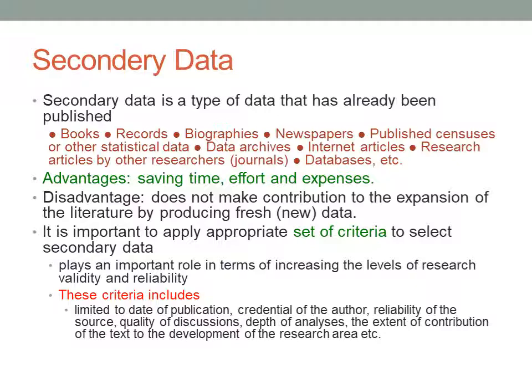Everything has to be checked. Also you have to check the reliability of the source where you obtain the secondary data, the quality of the discussions, depth of analysis, and the extent of contribution of the text to the development of the research area. And there are so many other things, so you have to include such criteria when you select secondary data.